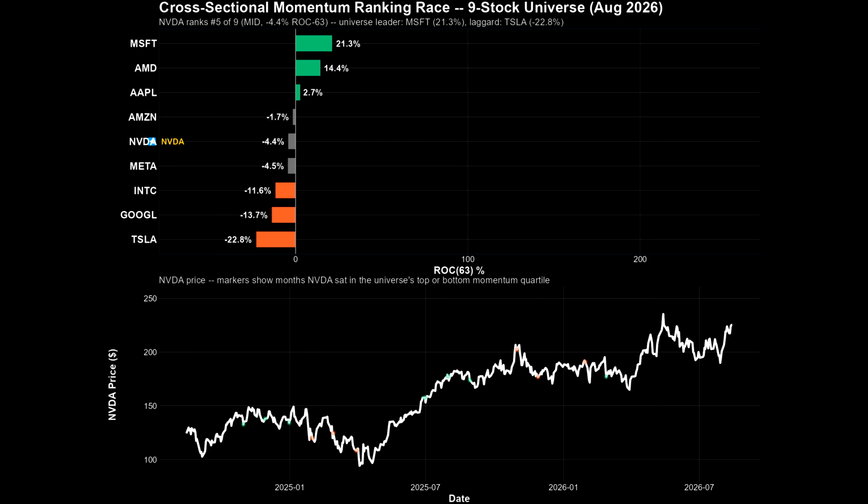By the final month, NVIDIA ranks 5th of 9, squarely in the middle of the pack, an ROC of negative 4.4%, well behind universe leader Microsoft at plus 21.3% and well ahead of laggard Tesla at negative 22.8%. That sliding motion, month after month, is the cross-sectional idea made completely literal. Momentum isn't a fixed number read off one chart. It's a moving position within a crowd.